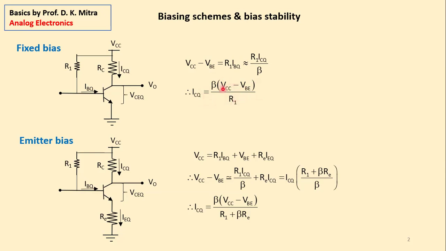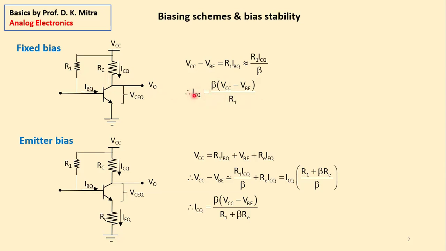So how do you play around with these variables so that you come to the desired value of ICQ? Because if you make R1 too large or too small, there are many effects, right? That we shall learn when we learn the transistor amplifier design.